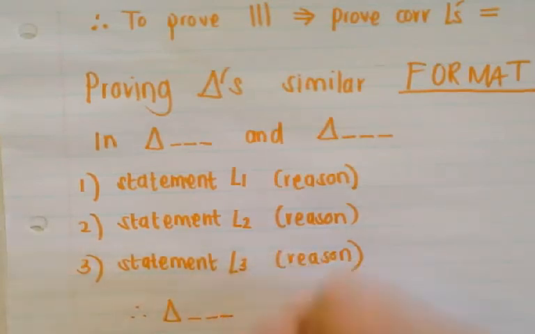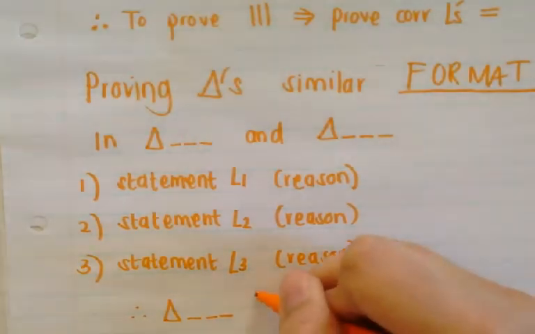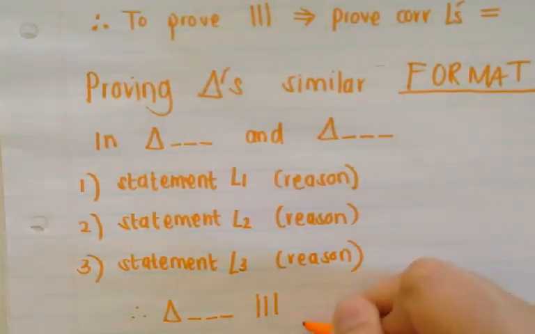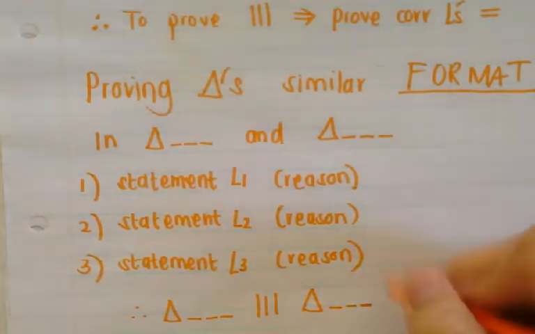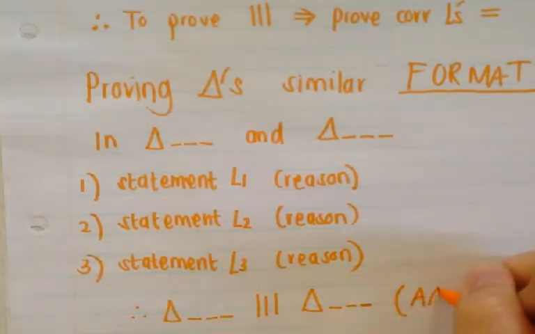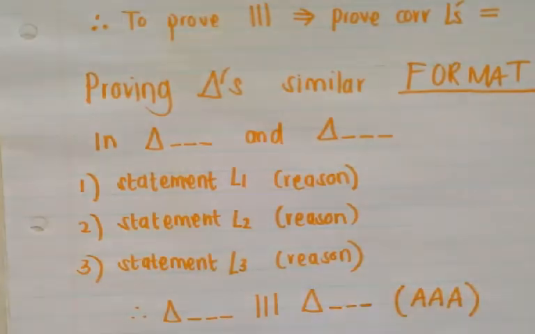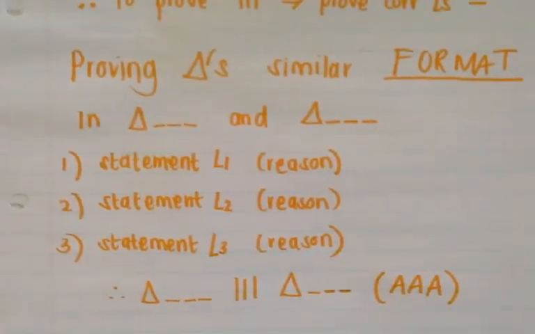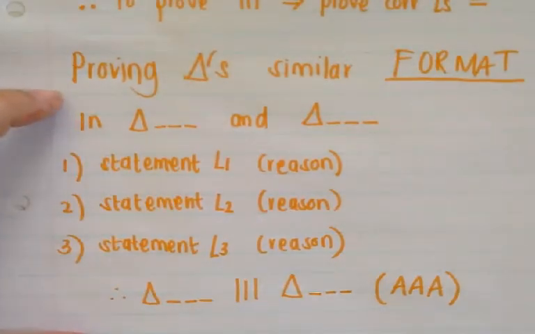Triangle ABC, or whatever the triangle is, is similar to triangle DEF for instance, and the reason would be angle, angle, angle. So that is the format of every single similarity question you will answer in future. If you don't have the format, you simply do not get the marks.